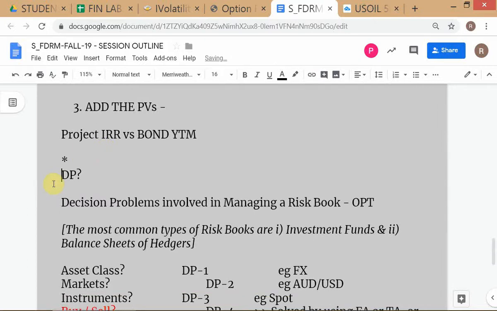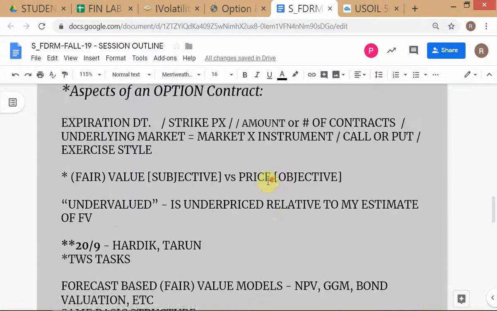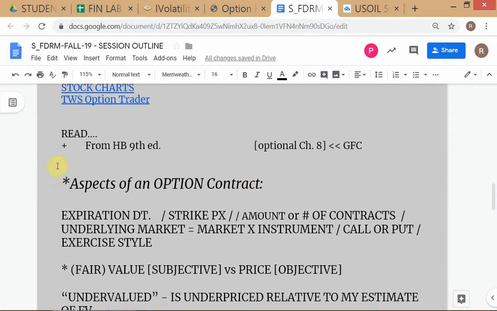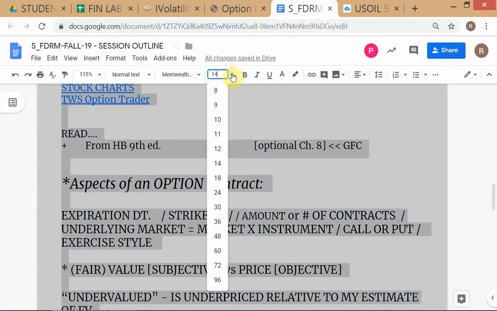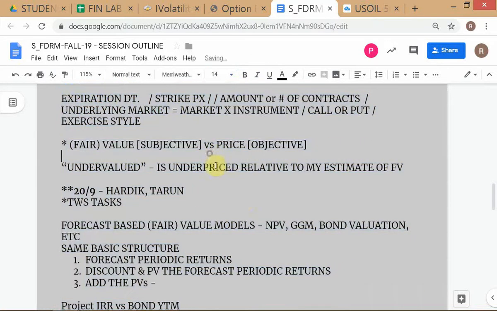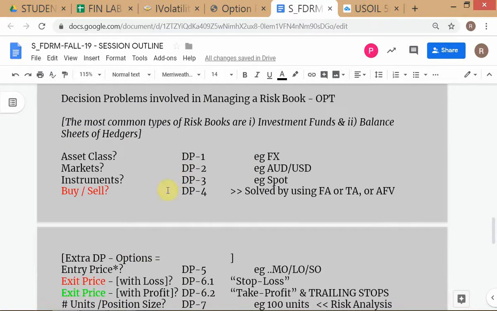You guys are already familiar. We've covered the question on the aspects of an option contract. We've done this part, right? We can make it 14. We already did aspects of an option contract. Now, let's go back to the decision problems where we are already familiar with the historical decision problems.